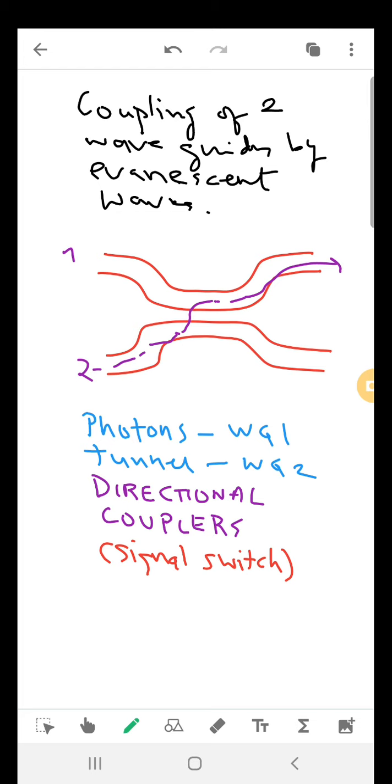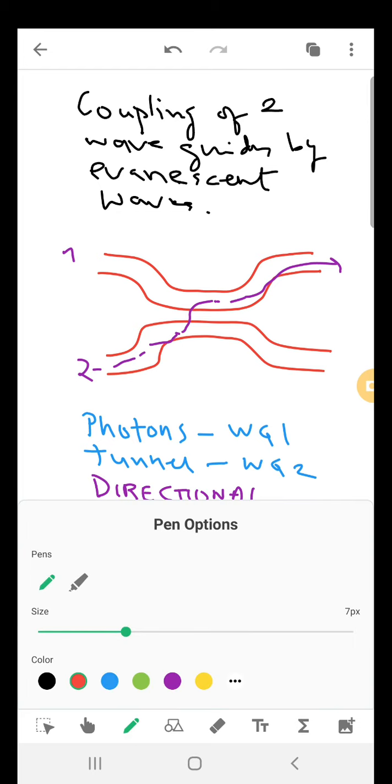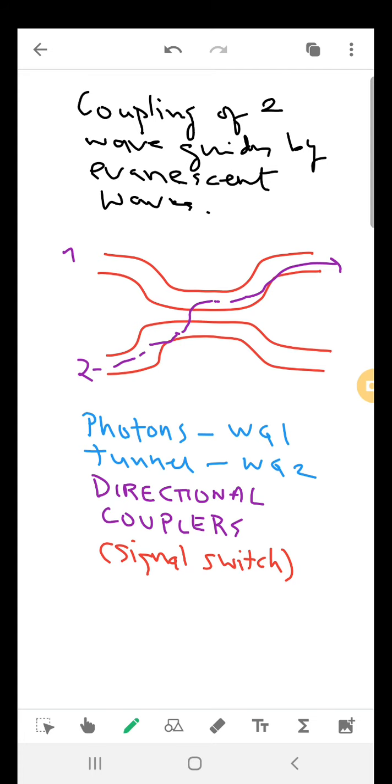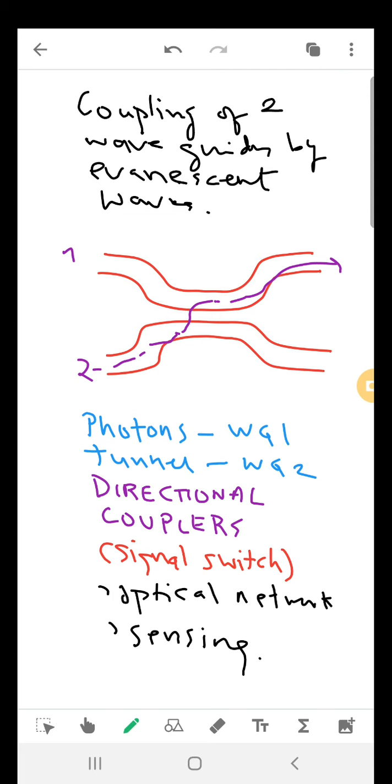Also it has been proposed for sensing applications, where sensing produces a change in photon tunneling from waveguide 1 to waveguide 2. So it falls into the category of optical communications or optical networking, and sensing. These are the two main applications of these directional couplers.